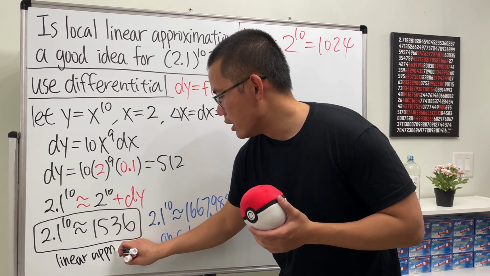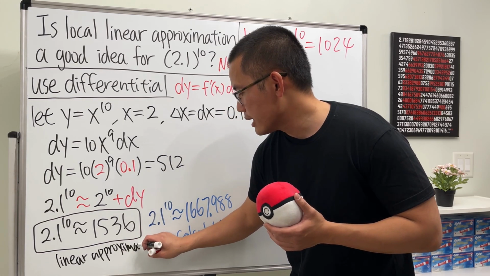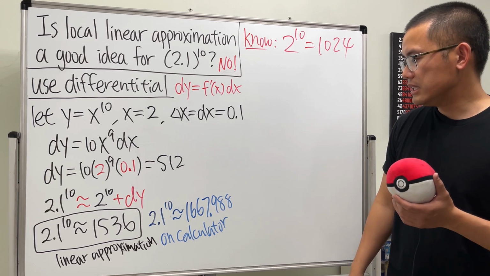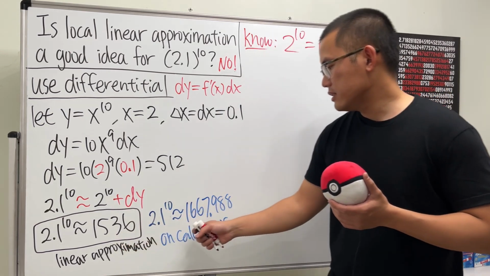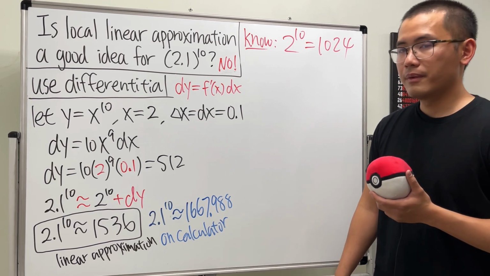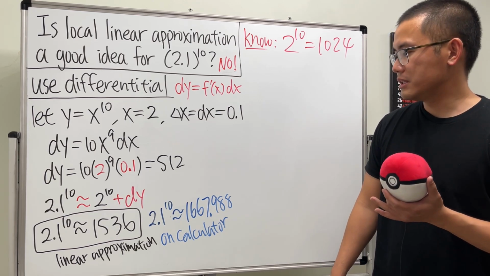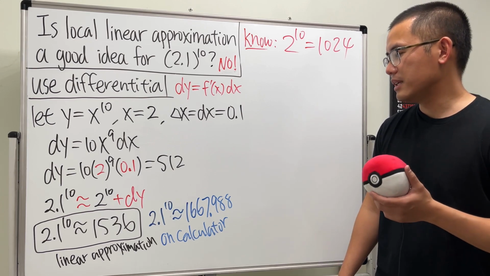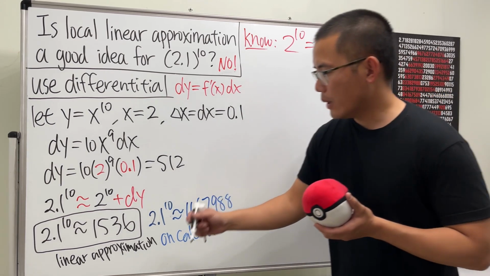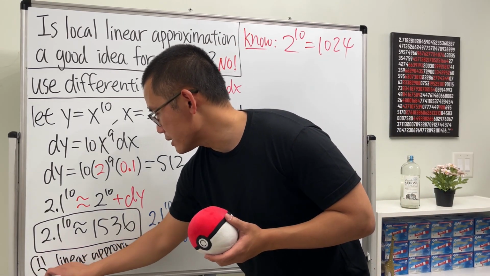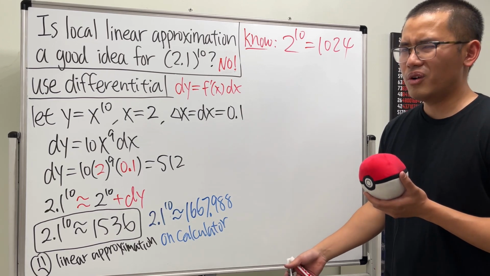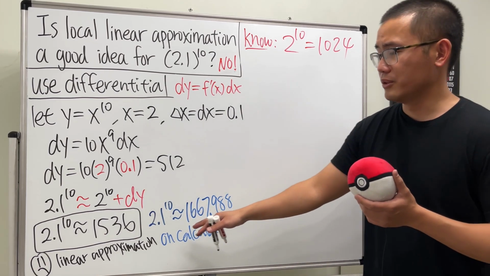Whenever we use differential, that's also a linear approximation. And as you can see, wow, the difference is 131 something, and that's almost 8-10%. So it's not that good. Right here I would just say the local linear approximation is kind of like the sad face. It's not close to this, I shouldn't say not at all, but it's not that close.